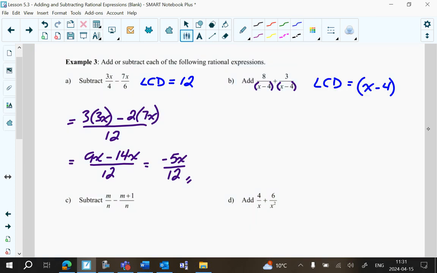I can just do 8 plus 3 up top and keep my denominator of x minus 4, and I get 11 over x minus 4. But if it wasn't 2x minus 4, we'll see that in a second. We'll get to that.